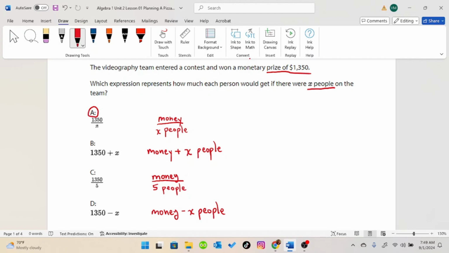So in this practice problem, the correct answer would be A. We need to take the prize money and divide it by the unknown number of people. If you have any questions about this practice problem, please use class time to ask for clarification so that you can be prepared moving forward.